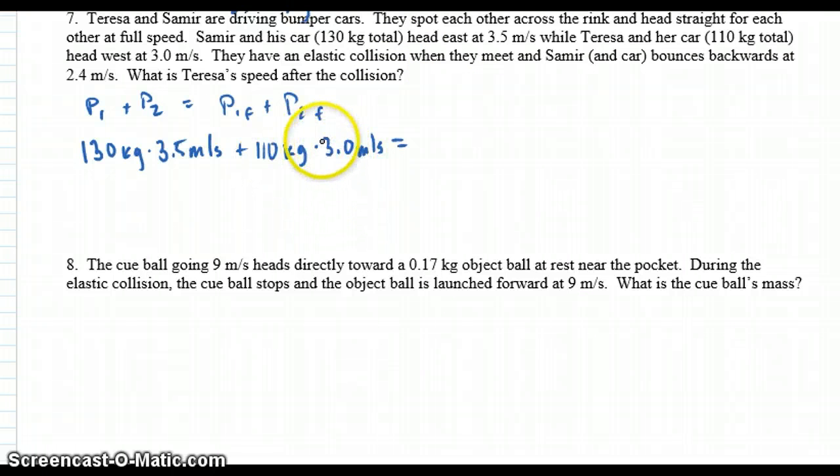there's one key step here. This is negative. We need to make sure that we do one of these as negative because they are heading in opposite directions to one another. So then we have the velocity final of Samir is 130 kilograms times 2.4. Now Samir's going the other direction.